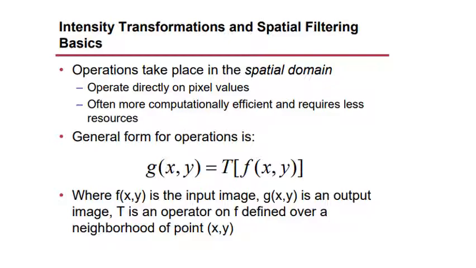Whereas in the frequency domain, the operations are performed on the Fourier transform of an image. That is, we take the image, we take the Fourier transform and then apply some operations. But in spatial filtering, the operations take place in the spatial domain, which means we operate directly on pixel values.